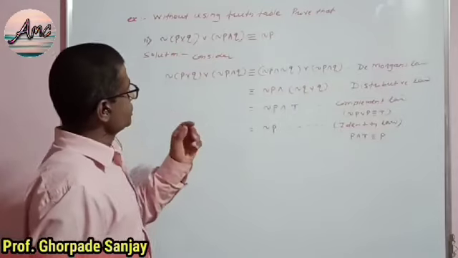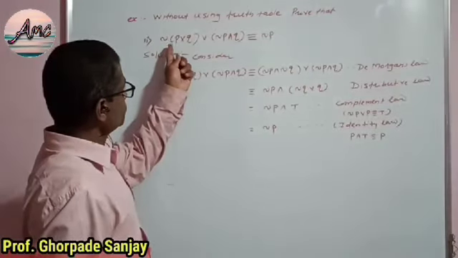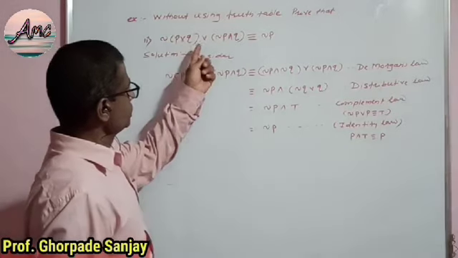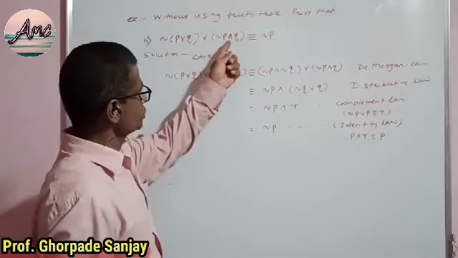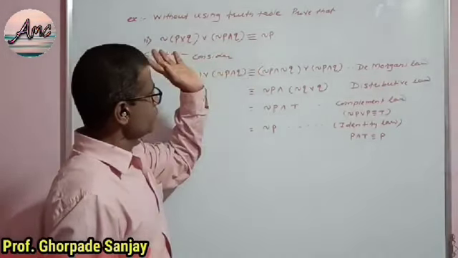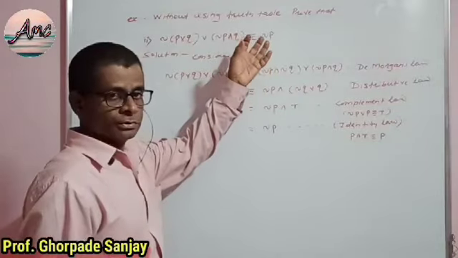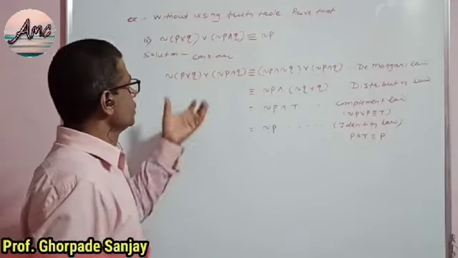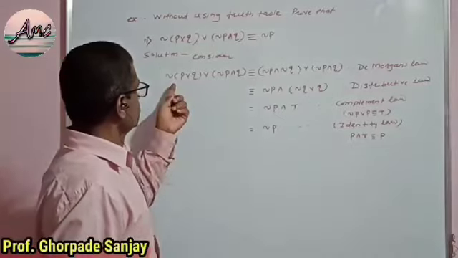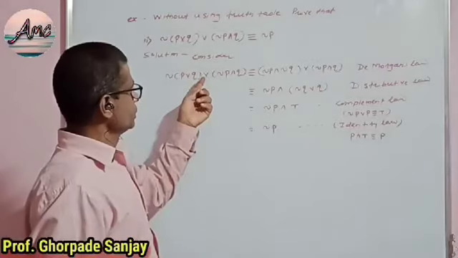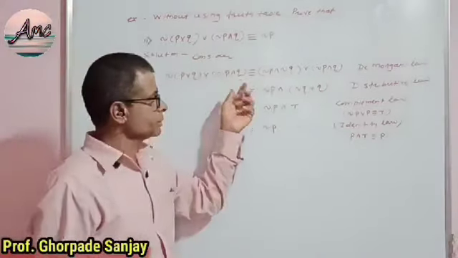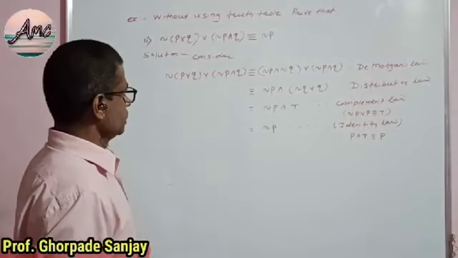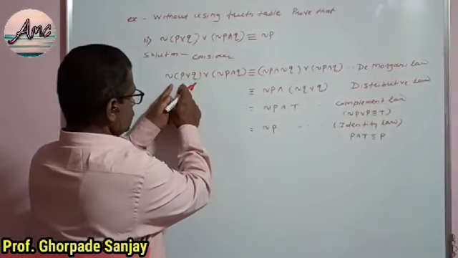Take the next example. Negation of P disjunction Q, disjunction negation of P conjunction Q is logically equivalent to negation of P. So without using the truth table, we are going to prove this. So let us begin with the left hand side. So negation of P disjunction Q, disjunction negation of P conjunction Q, that is equal to, so apply the De Morgan's law to the first bracket.